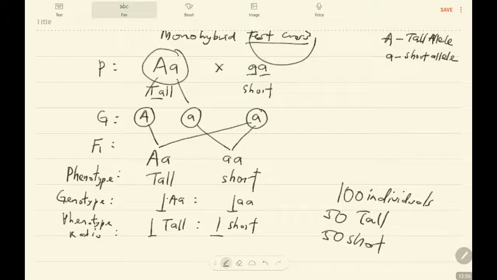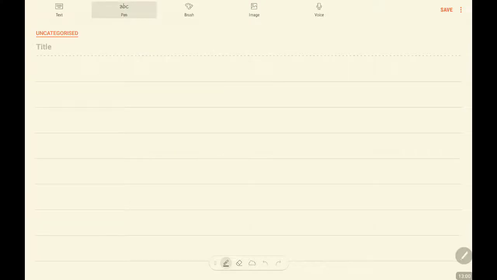In the other case, if the parent generation unknown, okay, now this is monohybrid test cross, the unknown genotype is big A, big A crossed with a homozygous recessive. This is a must. Okay, so now gamete, this one is big A, this one is small a.